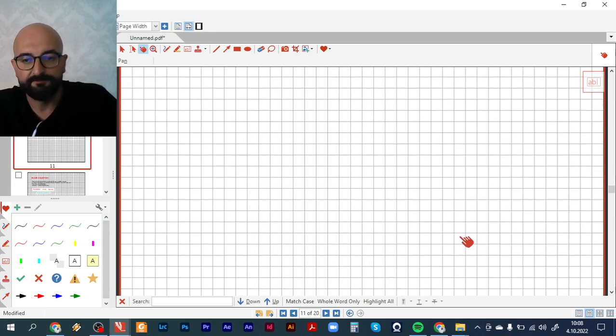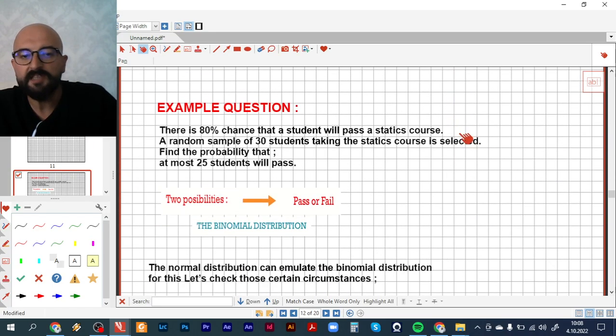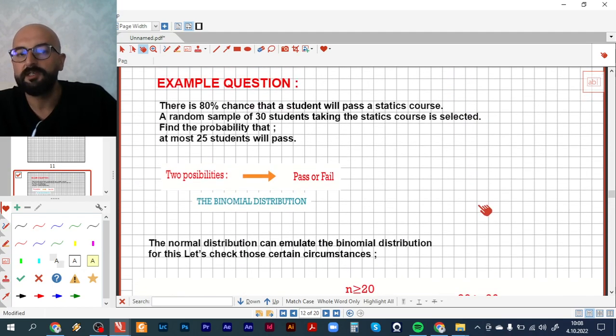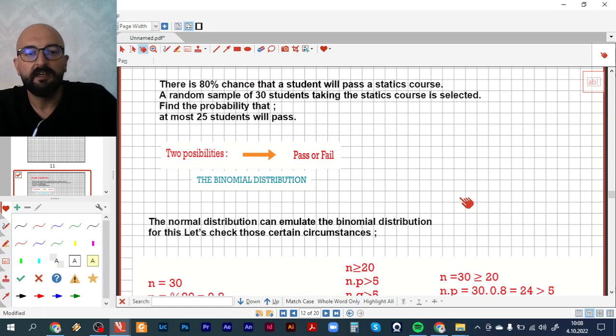Okay, now for example, we have a question. There is an 80% chance that a student will pass a statistics course. A random sample of 30 students taking the statistics course is selected. Find the probability that at most 25 students will pass.